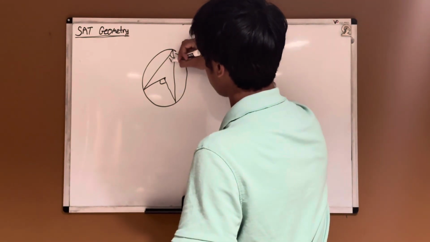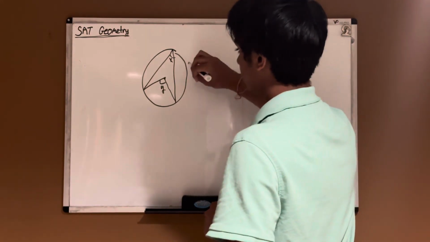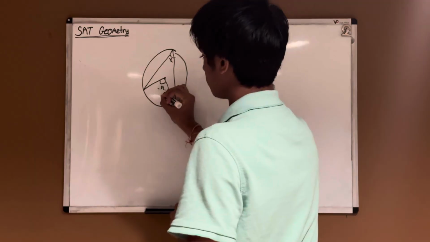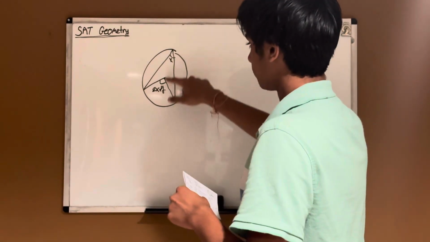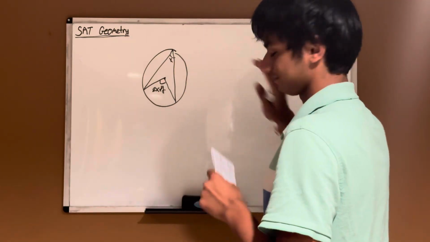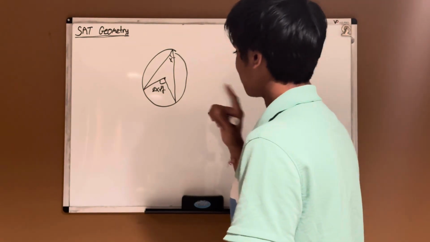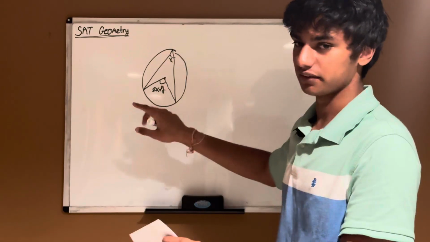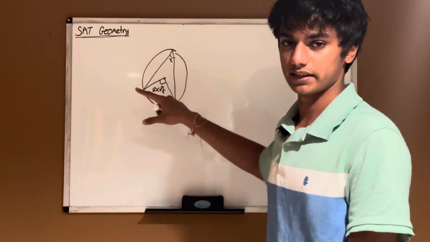Let's call this one x, let's call this one y. So the relationship between x and y is that here x is equal to 2y. So the central angle is double the inscribed angle, and the reason why they're related this way is because they both subtend the same arc.